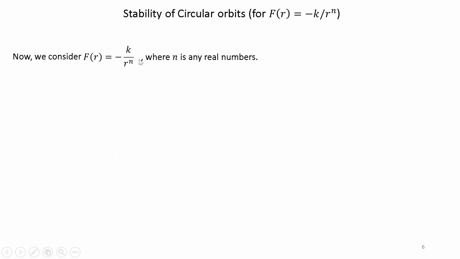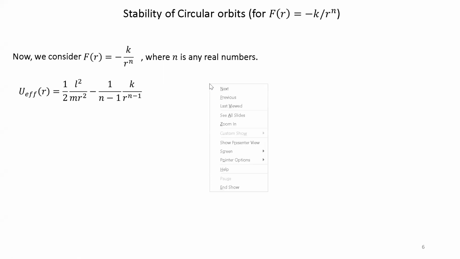Again, as I said, I don't know how to solve for the general form of the orbit, but I just care about the minimum point of the effective potential. I can still write down the effective potential. So just verify by yourself: from potential to force, you take a derivative, and from force to potential, you do an integration.